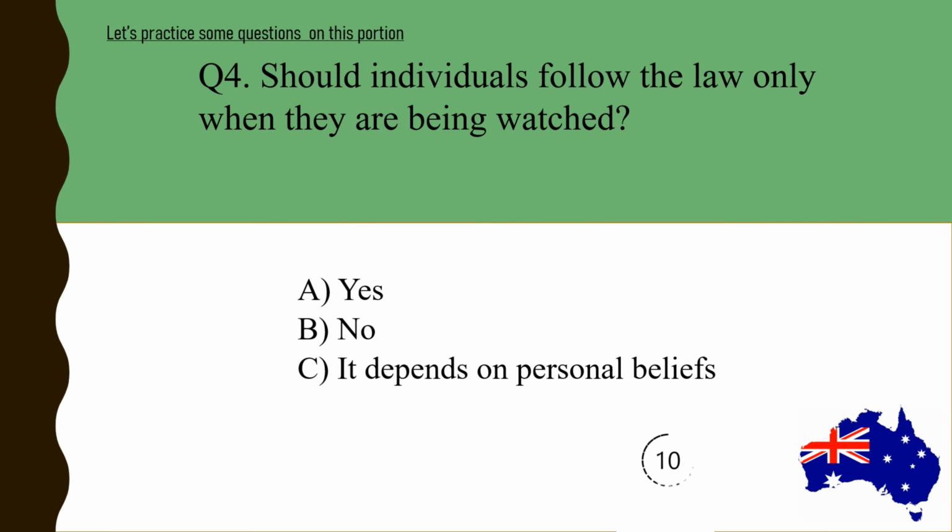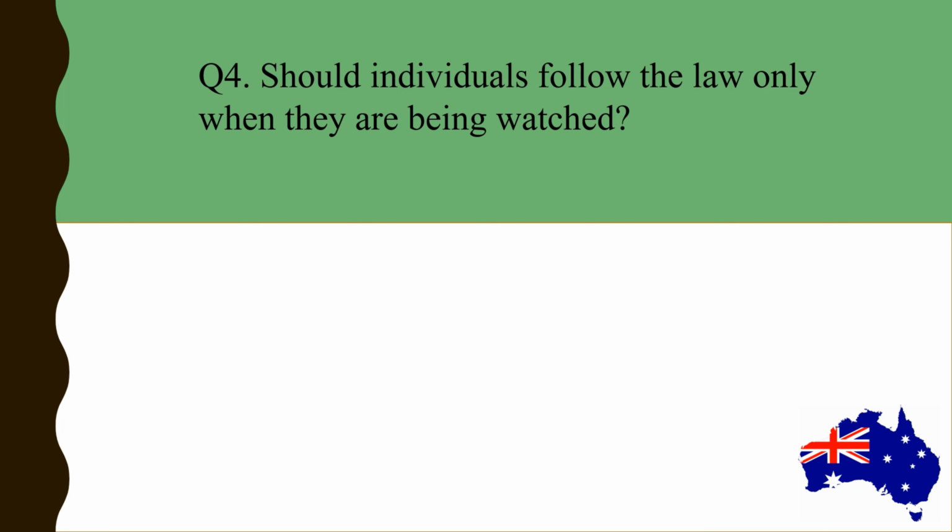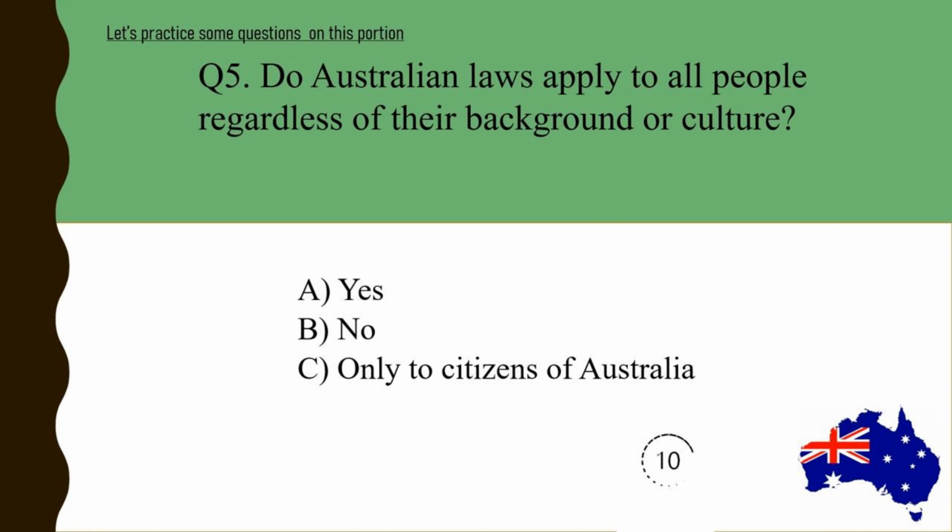Question 4. Should individuals follow the law only when they are being watched? Answer B. No. Question 5. Do Australian laws apply to all people regardless of their background or culture?